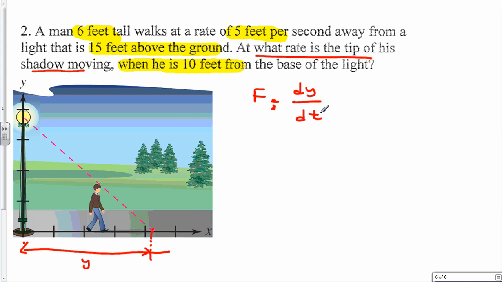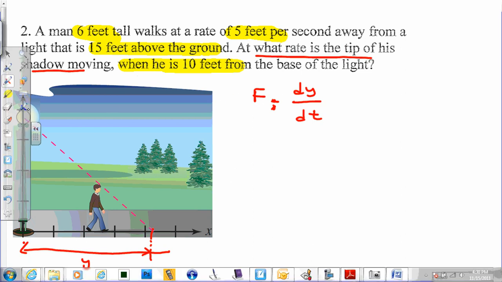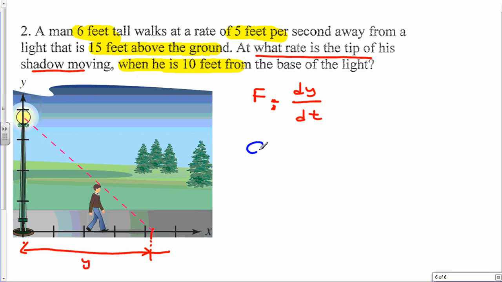As time changes, we have to find the rate of change of the tip. Let's list what is given. We know the man is 6 feet tall, so his height is going to be 6 feet.